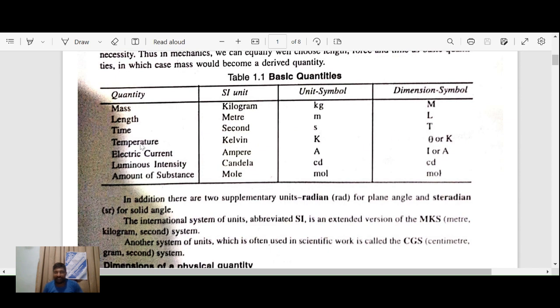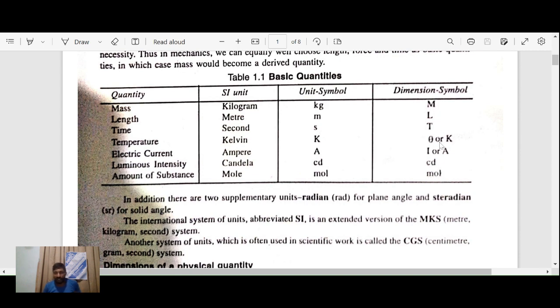As I said earlier, temperature is given by theta or K. And for electric current, the dimensional symbol is capital I or capital A. Luminous intensity is cd, simple c, simple d. Amount of substance is mol, small letters.